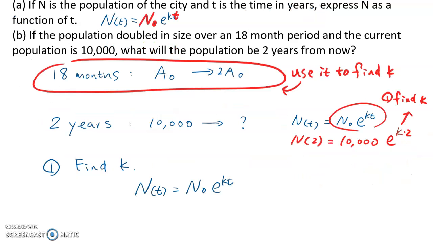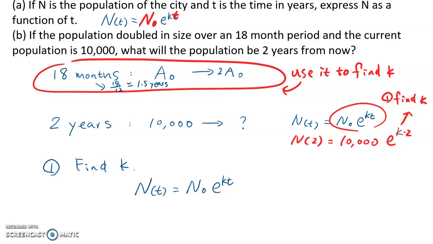To find k, we will use this formula we have. First of all, t is 18 months, but since here it says t is time in years, we need to convert 18 months into years. That is 18 over 12, which is 1.5 years.